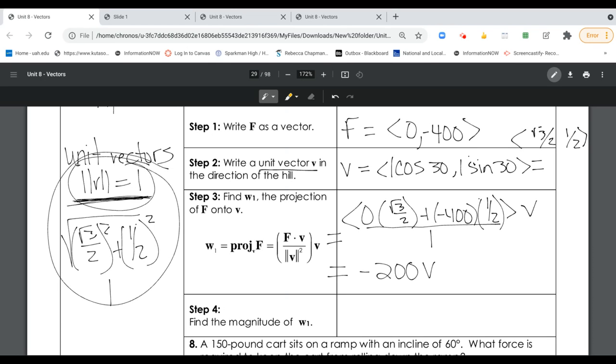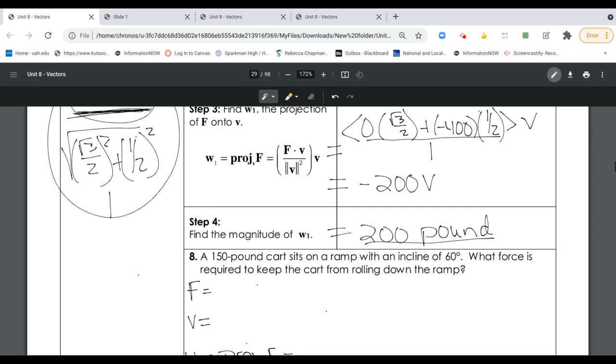Then I'm going to take that, so the magnitude of v1 is 200 pounds. So it's going to take 200 pounds of force to keep that rock from rolling down the hill. So that is the shortcut. I've kind of showed you the full gambit, and we're going to continue to use that shortcut.